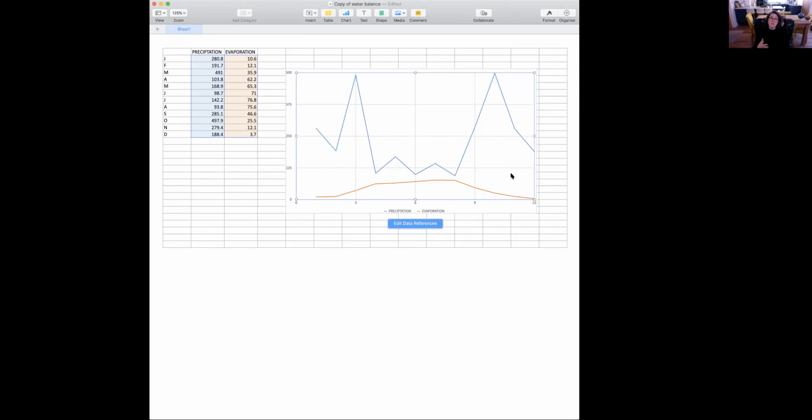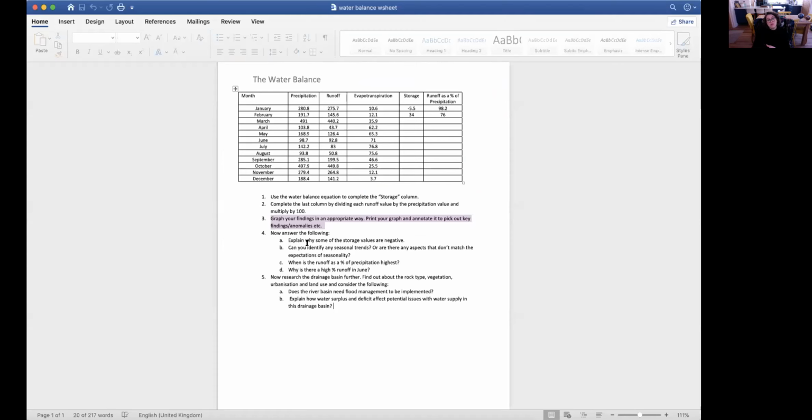And again, it's up to you to think about why that is, what causes that. You might think of its geographical location, it's in Wales, it's more hilly, it starts on Plinlimmon, and therefore will have a different water balance graph than some other rivers would.